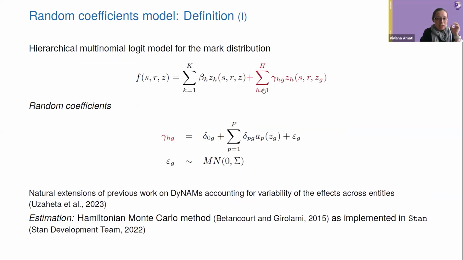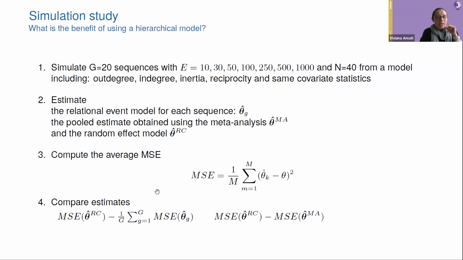Again, this is a natural extension of previous work that was done with PhD students at ETH, Alvaro Uzzaeta. Now, the estimation of this part is conducted by Hamiltonian Monte Carlo methods.